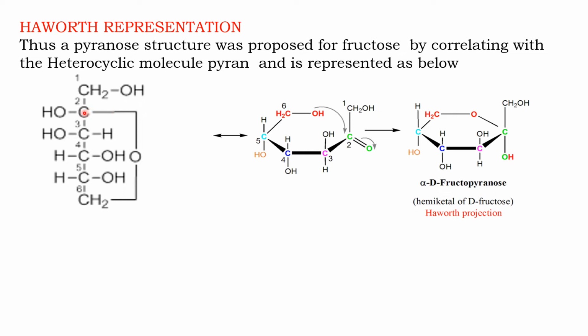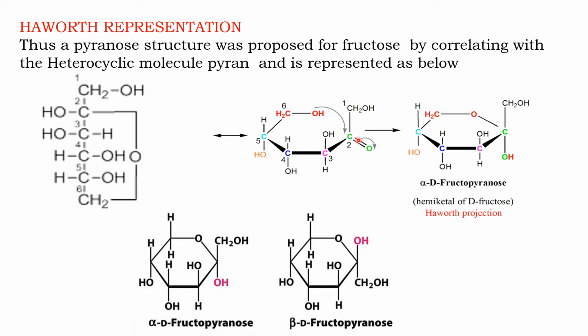So the connection is between the second carbon atom and the sixth carbon atom. Now the sixth carbon atom has a CH2 group while the second carbon atom has a CH2OH group. So Haworth connected it with pyran and he proposed a pyranose structure. See here, this is the oxygen atom which is connecting to the second carbon atom.